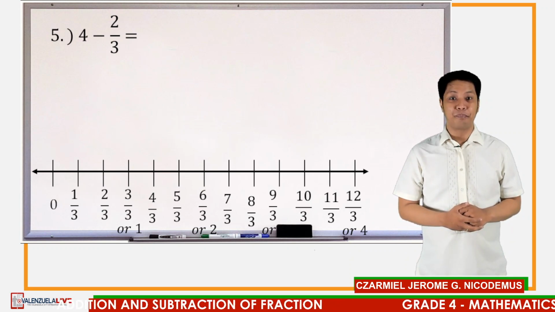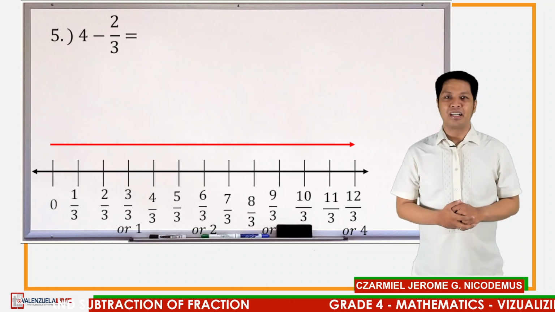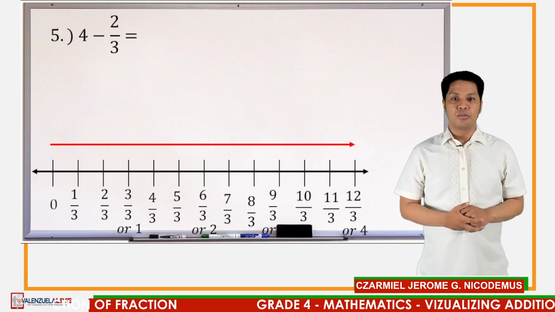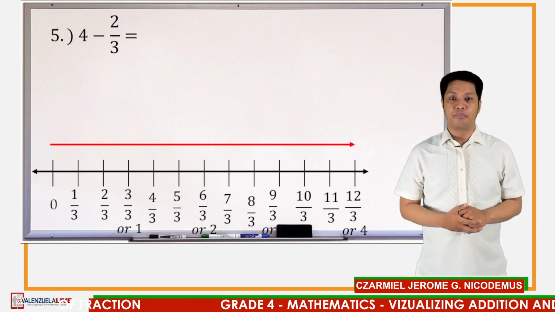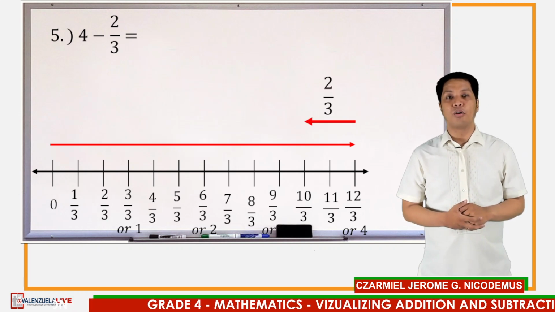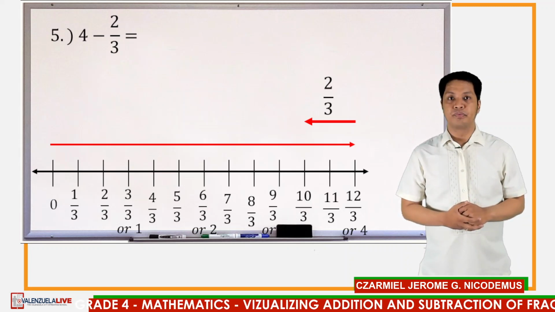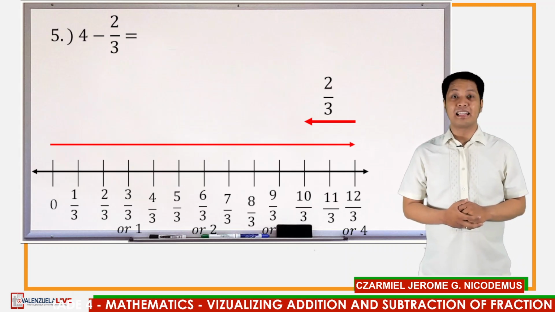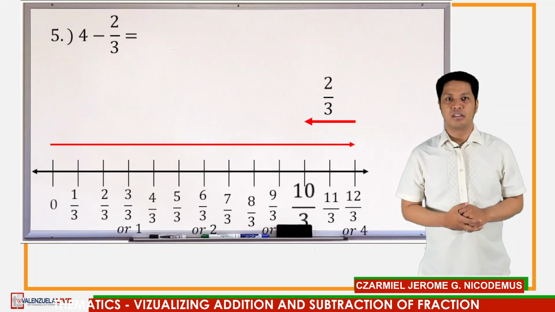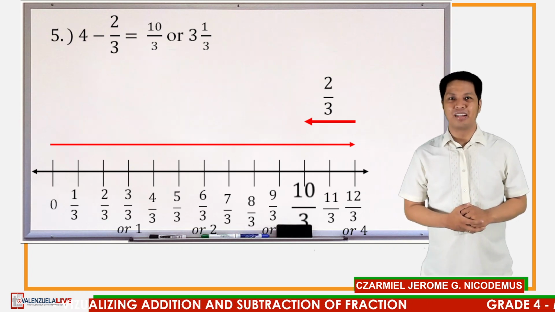Let us identify 4 in the number line. 4 is also equal to 12/3. 12/3 going to the left. So let us draw 2 lines, a line going to the left, to represent 2/3. So the line stops at 10/3. So 4 minus 2/3 is equal to 10/3 or 3 and 1/3.